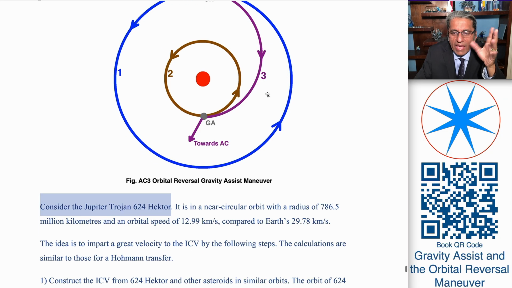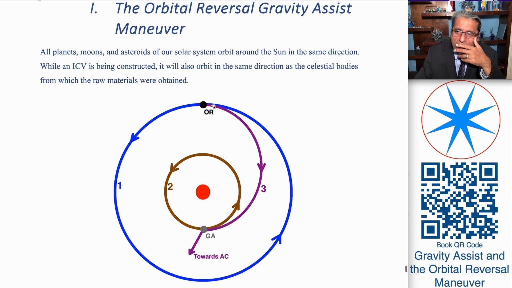And then the question is, okay, instead of going through all this trouble, why not simply take this Jupiter Hector 624 and add that velocity, add delta V, and send it towards its destination?